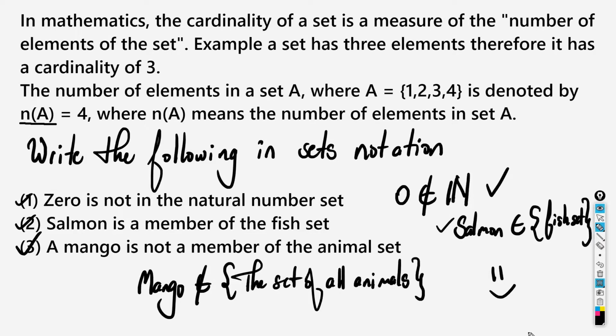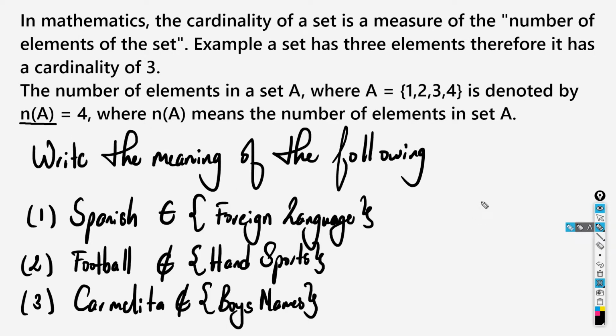Let's do 3 more examples now, guys. You know I love to do my examples. It says write the meaning of the following. This one says Spanish is an element of the foreign languages.